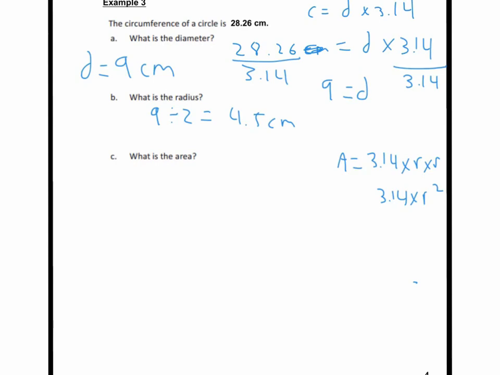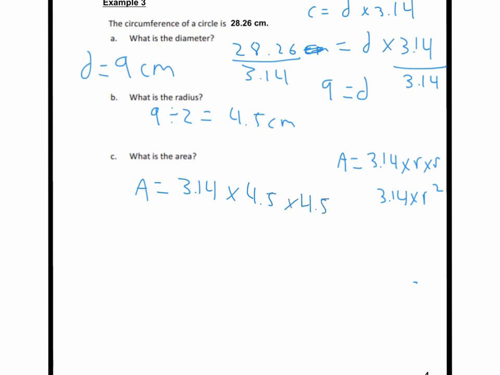So let's plug in what we know. We know that the area must equal 3.14 times radius. Well, radius times radius is, the radius is 4.5, so 4.5 times 4.5.